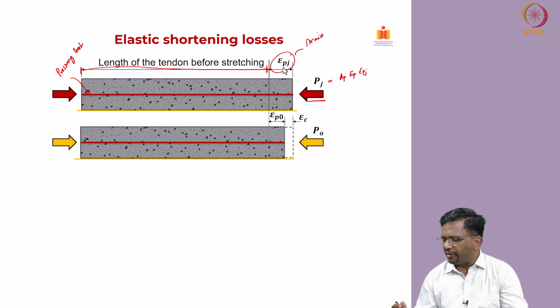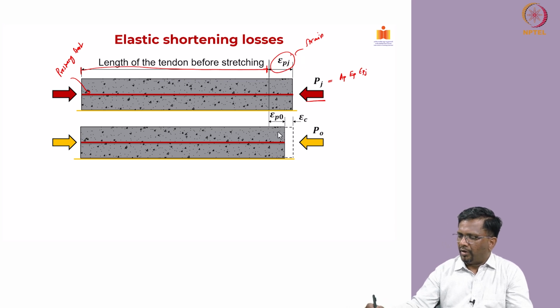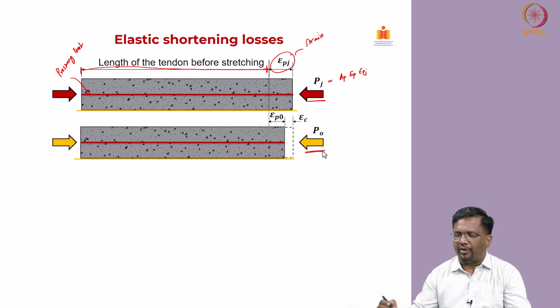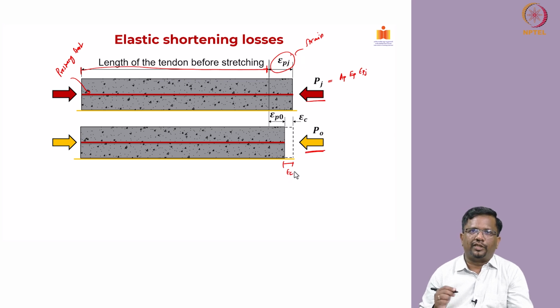So, when that happens, because now I am applying a force to the concrete, finally it will reach a value of P naught. So, at this stage, due to the application of P naught, now the concrete will undergo some strain, which is your epsilon c, which is the strain that is happening because of the elastic shortening.